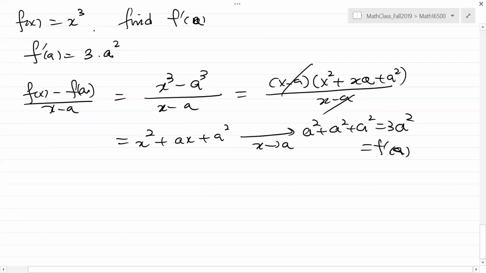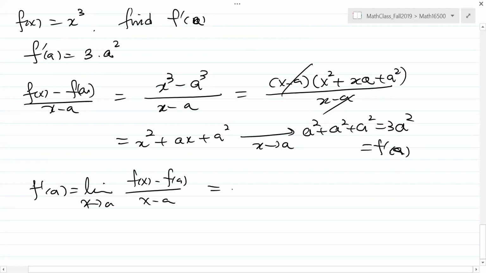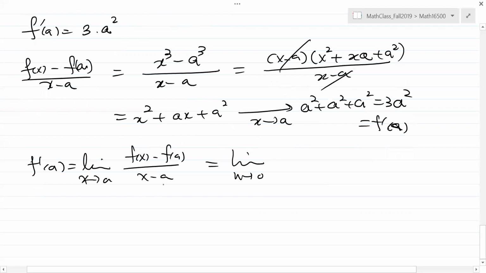All right. Here's another way to express the limit. You see, f prime a, right? This is our original definition. But if I change the variable, I let h be x minus a.